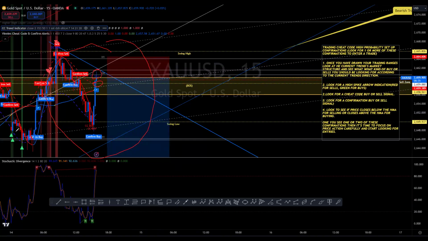That's why I'm waiting for the next candle. It just might be an indecision candle, possibly.